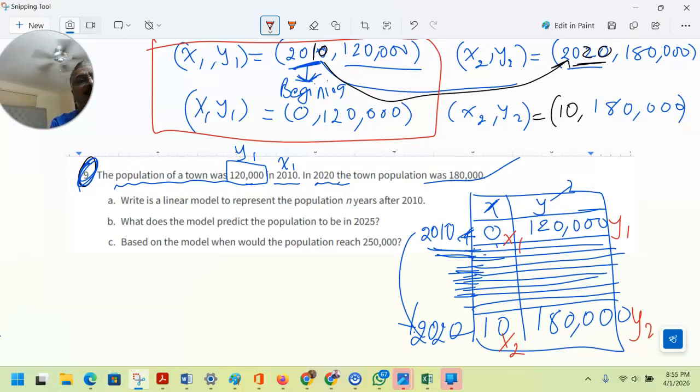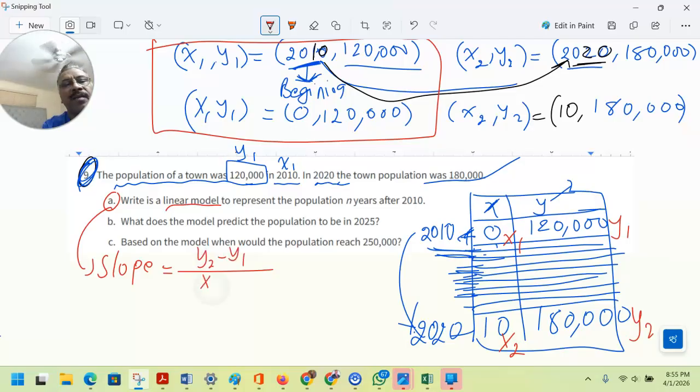So my goal is first to know the linear model, we have to find the slope, the rate of change. It's like for every year, how much the population is growing. So it is y2 minus y1 over x2 minus x1. So that means y2 minus y1 means here, see this part, this one.